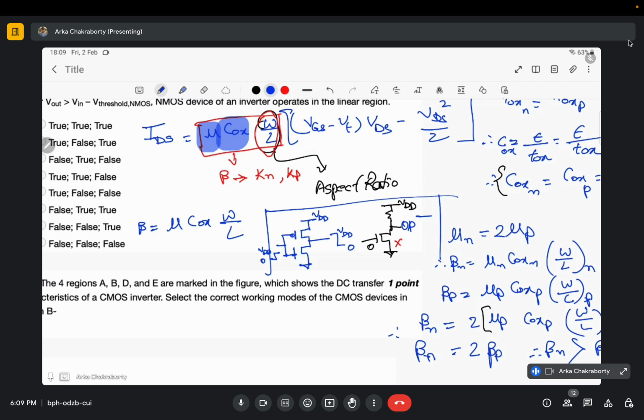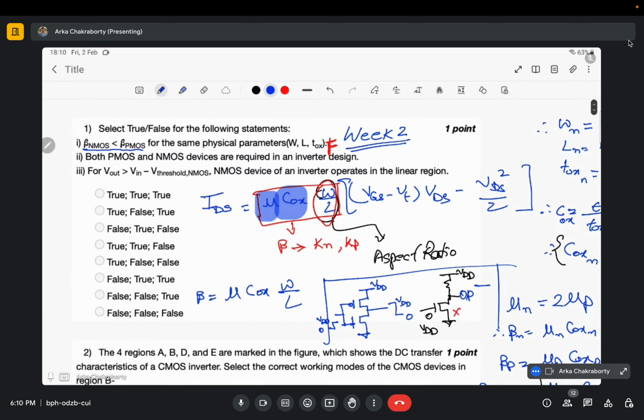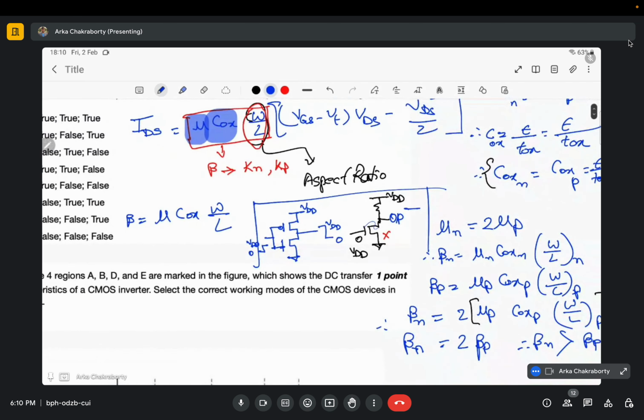But when my input is high, what will happen? This NMOS will turn on, so it will try to pull the output load capacitance down to ground.